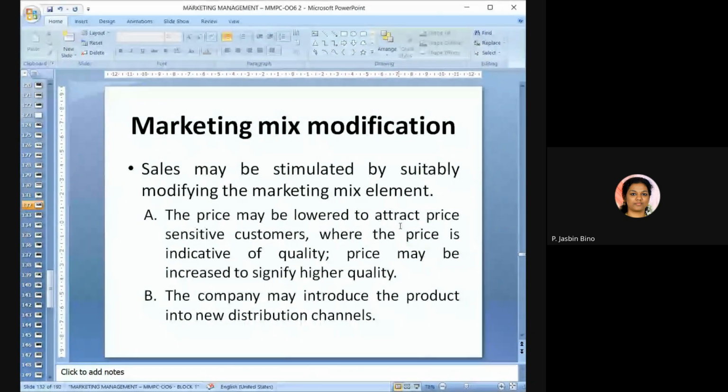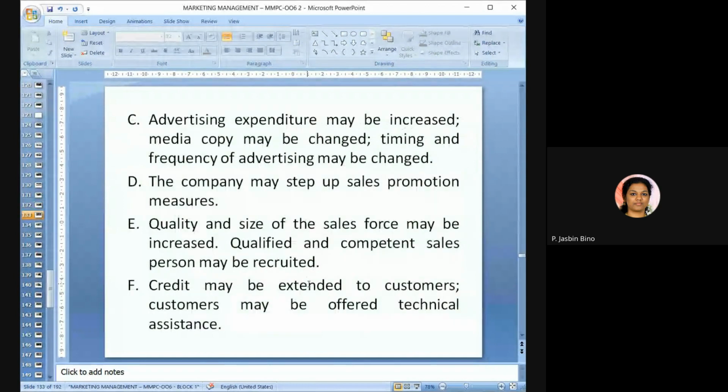The company may introduce a product into new distribution channels. That is, place can be modified. Advertising expenditure may be increased, media copy may be changed, time and frequency of advertising may be changed. This is promotion, one P of marketing, being modified. Then the company may set up sales promotion measures.